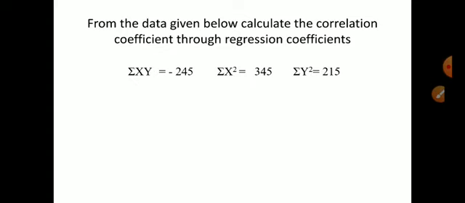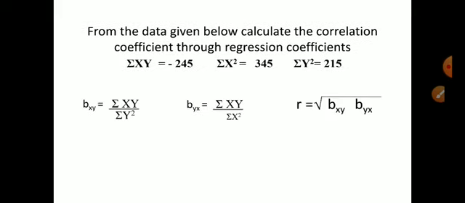Right, we'll just have a look. We are going to find bxy and byx. The formula for bxy is summation xy divided by summation y square. Byx is summation xy divided by summation x square, and R is nothing but the square root of bxy into byx. We are going to substitute for bxy now.